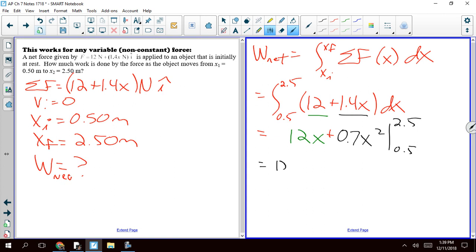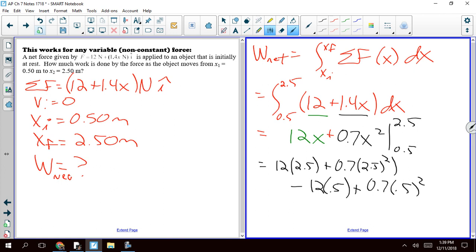So you get 12 times 2.5 plus 0.7 times 2.5 squared, minus 12 times 0.5 plus 0.7 times 0.5 squared. Just plug your numbers into your calculator.